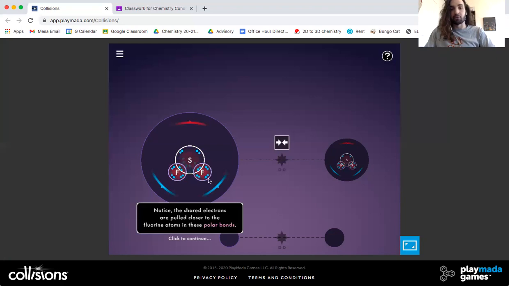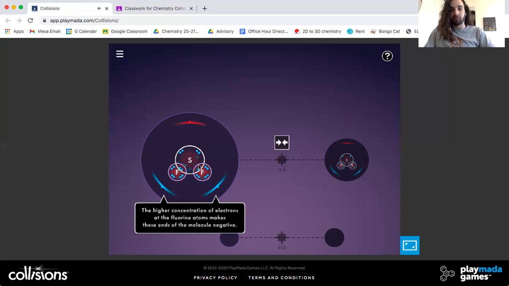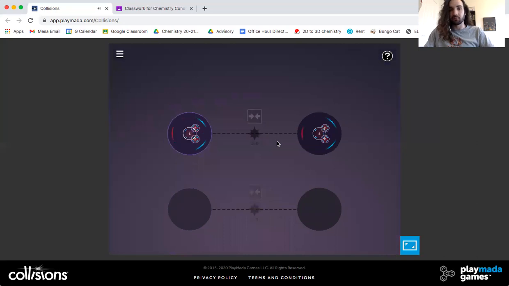What we see here is polar bonds getting formed. So a sulfur fluorine, that's a polar bond. A sulfur fluorine, that's a polar bond. These have negative sides and a positive side. Now we're going to tap to see whether or not, look, it made a duplicate of the same exact molecule over here. We're going to tap this again.